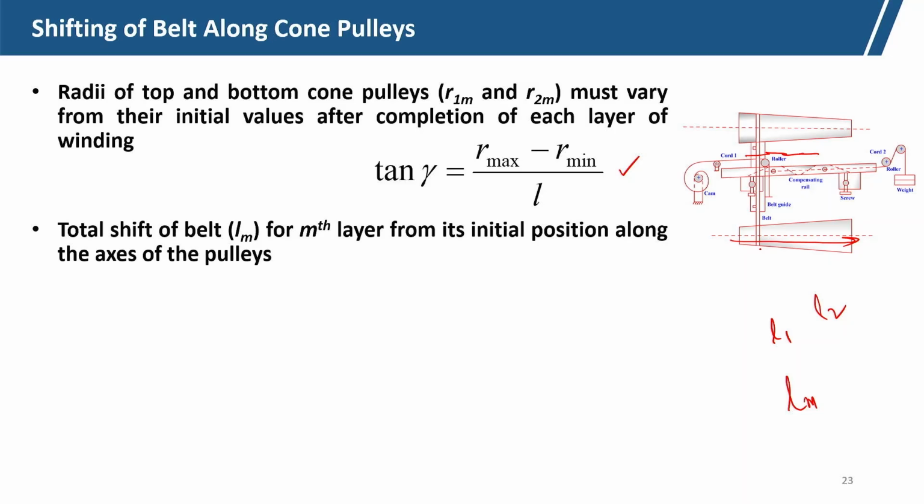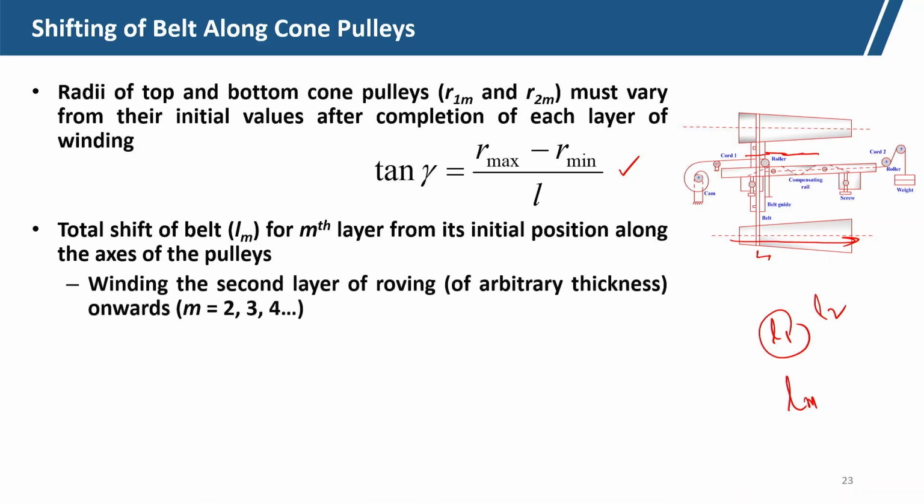Initially there will be 0 shifting, then for the first layer it is L1. In this way there will be gradual shifting, so for the mth layer it is Lm, winding the second layer of roving of arbitrary thickness. So, going on to 2, 3, 4, in this way the shifting will continue and the layering will take place.